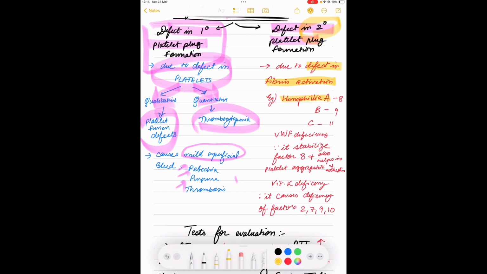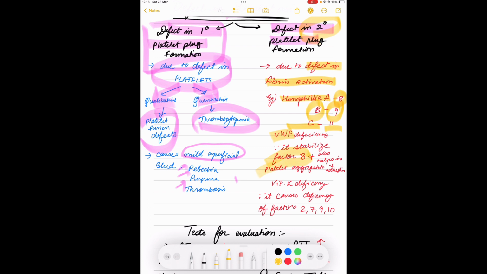Hemophilia A stands specifically for the deficiency in factor 8, B stands for deficiency in factor 9, and hemophilia C is for deficiency of factor 11. So there are other factors such as von Willebrand factor, which help to stabilize your factor 8.